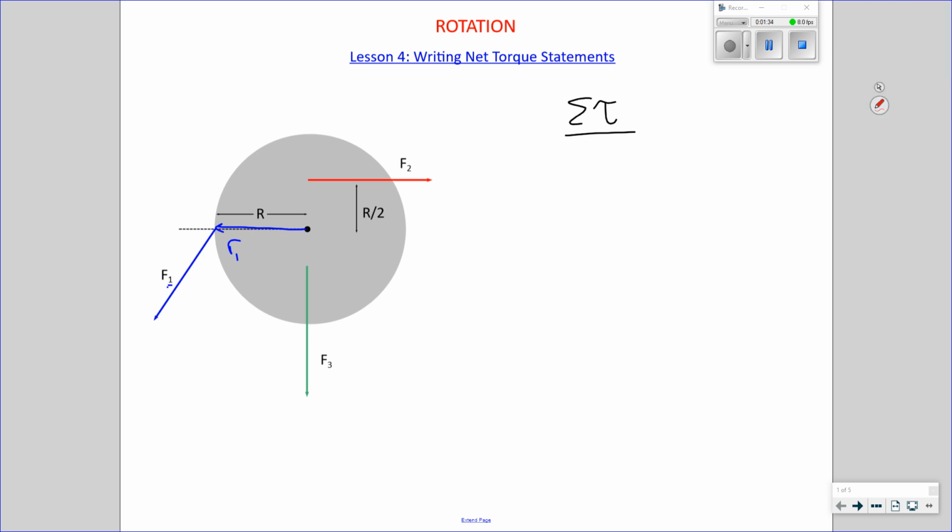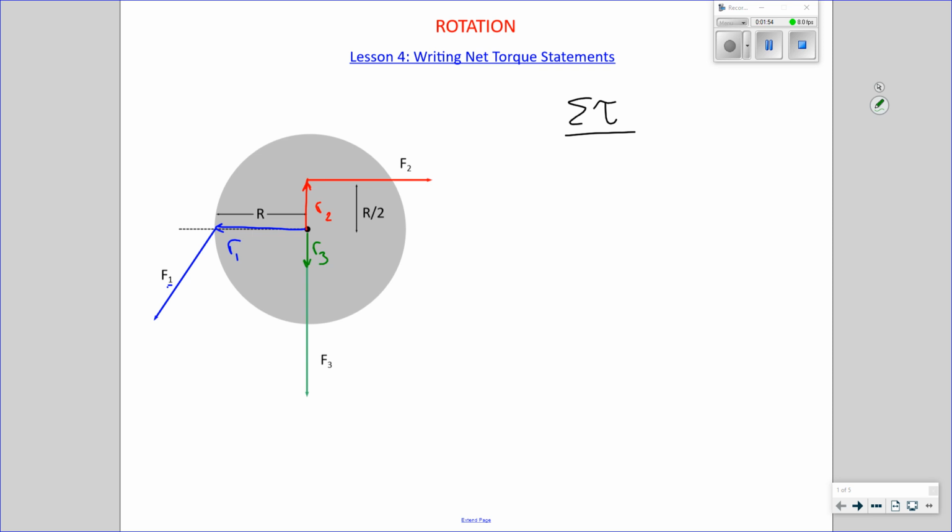Here is a vector r2. And here is a vector r3. By definition, remember, vector r points from the axis of rotation to the point of action of the force.